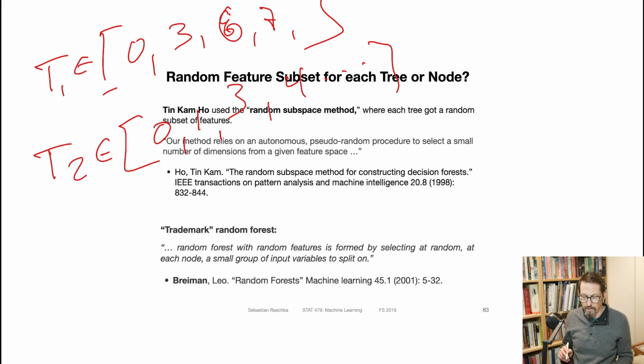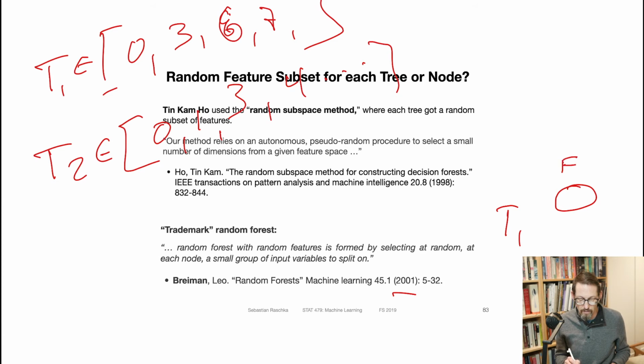Now, just a few years later, Leo Breiman proposed what's become the canonical version of the random forest. So what happens there is that as you're building a tree, so here's tree 1, as we're building the root node, we select a random subset of features.